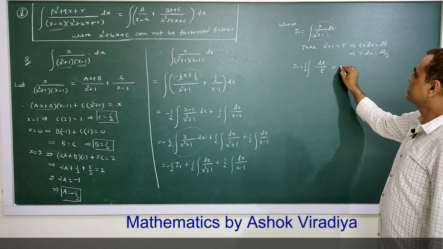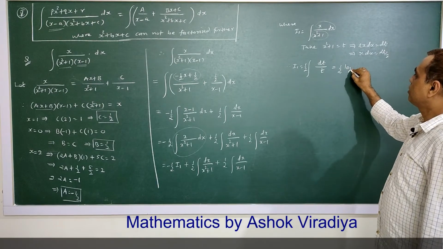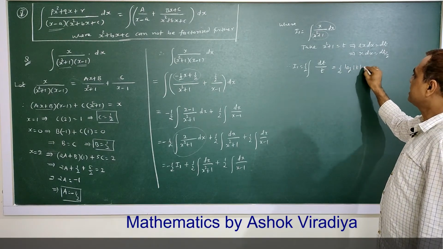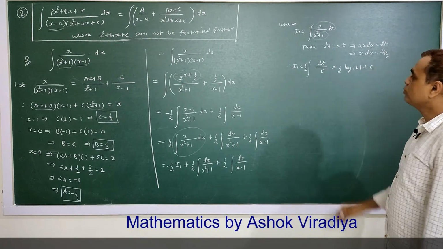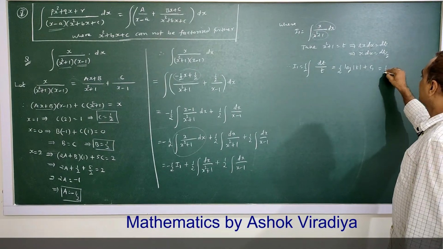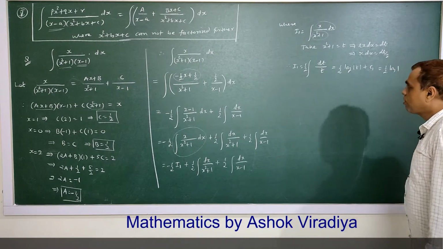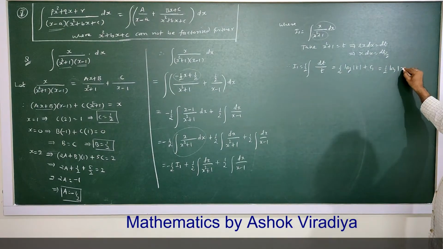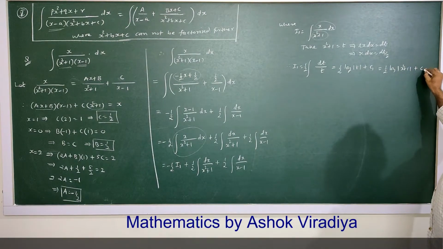So this is 1 by 2 log modulus t plus c1, that is equal to 1 by 2 log mod t, t is x square plus 1, plus c1.